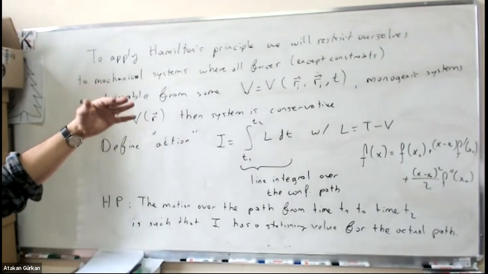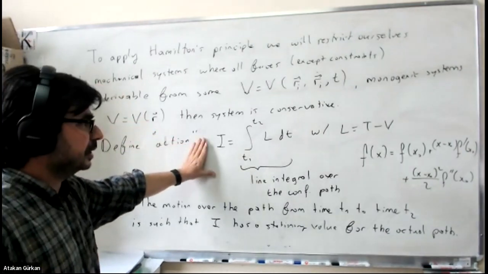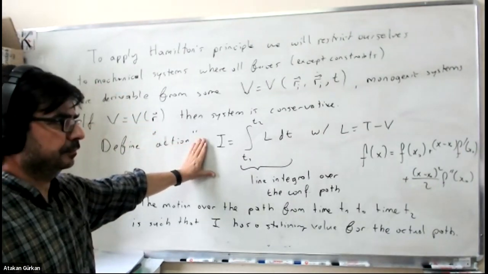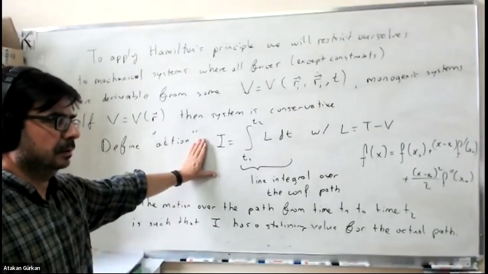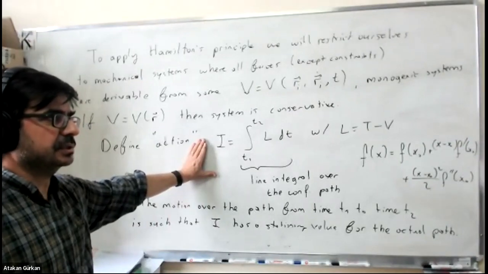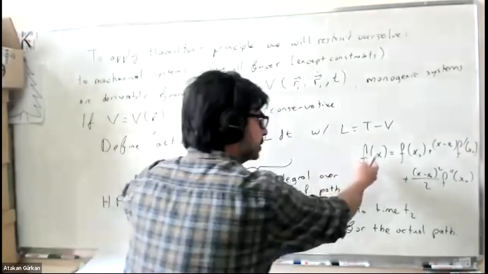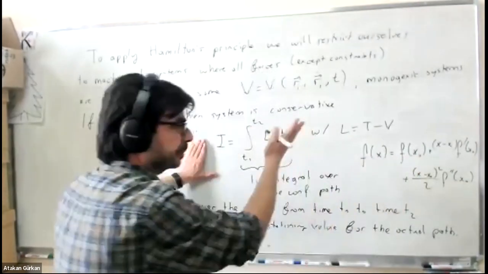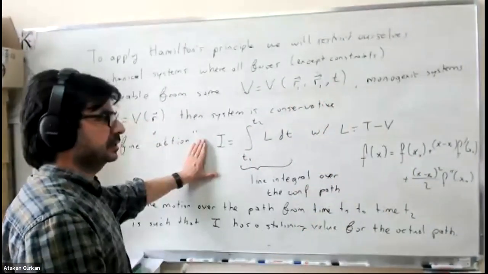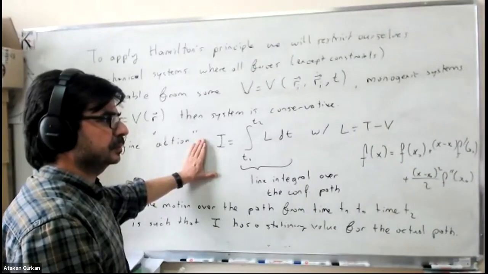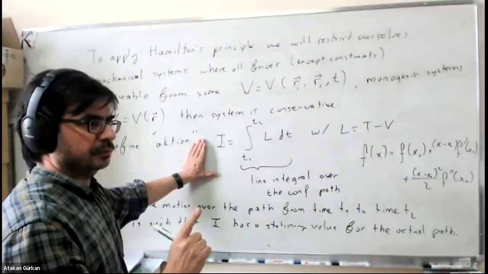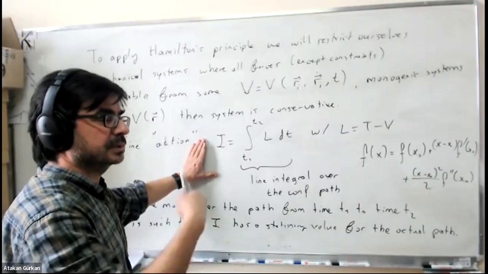So for this function, stationary means that as I deviate from this actual point, then the changes, the difference between these two, there's a path and there's a slightly displaced path. The difference between those two is not going to be first order in these deviations, but it's going to be second order.